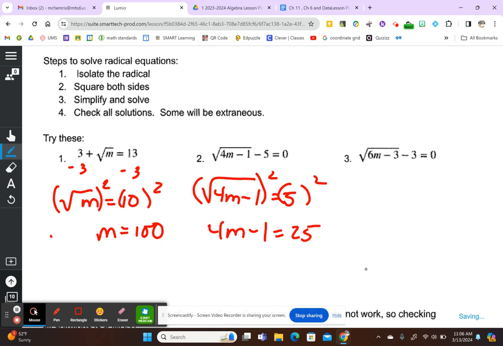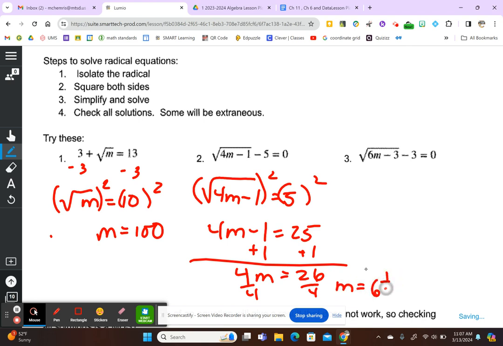I'm going to add 1 to both sides, and I get 4m equals 26. Divide by 4, divide by 4. M equals 6.5.